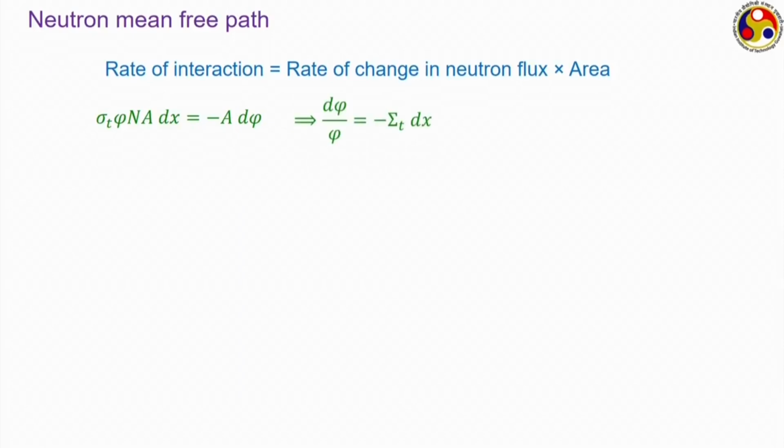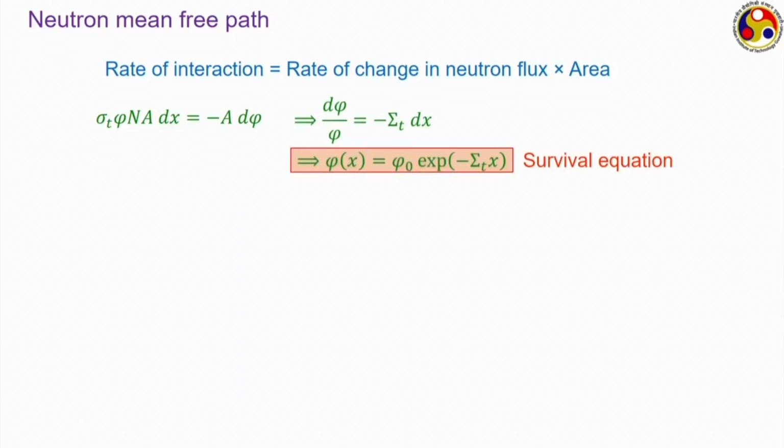So if we rearrange, we get this, and finally we arrive at this, integrating it from x equal to 0 to some x. Phi at x equal to 0 is referred to as phi 0, and correspondingly we get an exponential relationship, that is, the neutron flux in such a geometry will follow an exponential relationship.